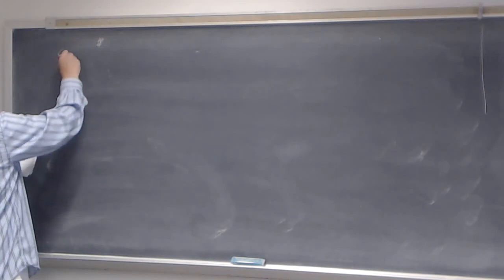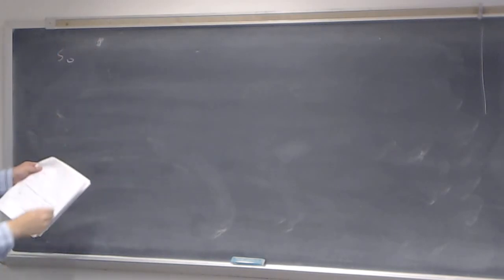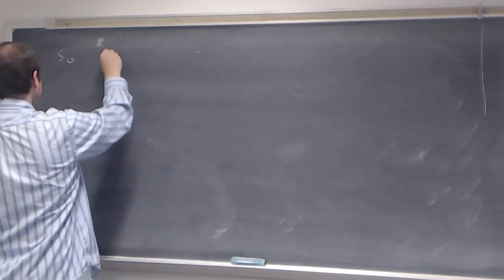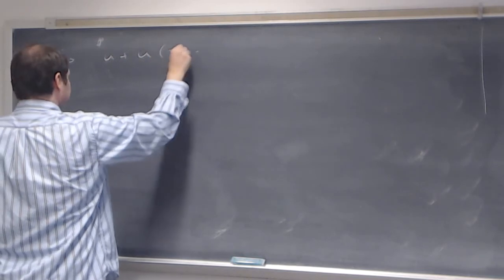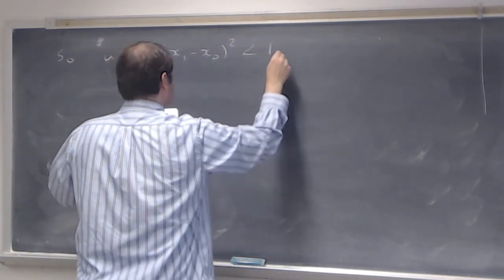So that tells us, working with what we just had written, that we have u plus u times the quantity x1 minus x naught squared is less than 1.